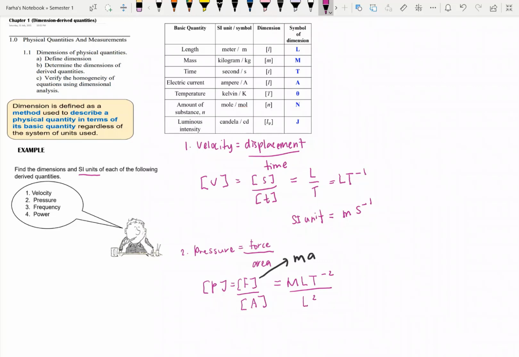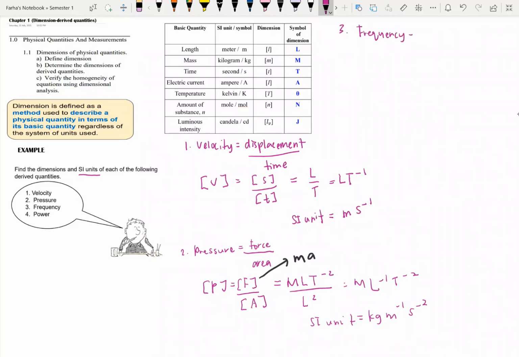So we simplify, we have ML^-1 T^-2. And this one is the unit in dimension, but we need to find the SI unit, which is kilogram meter^-1 s^-2.